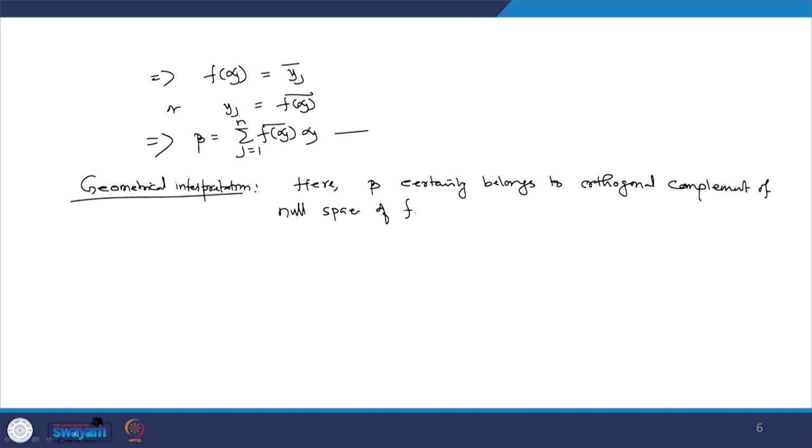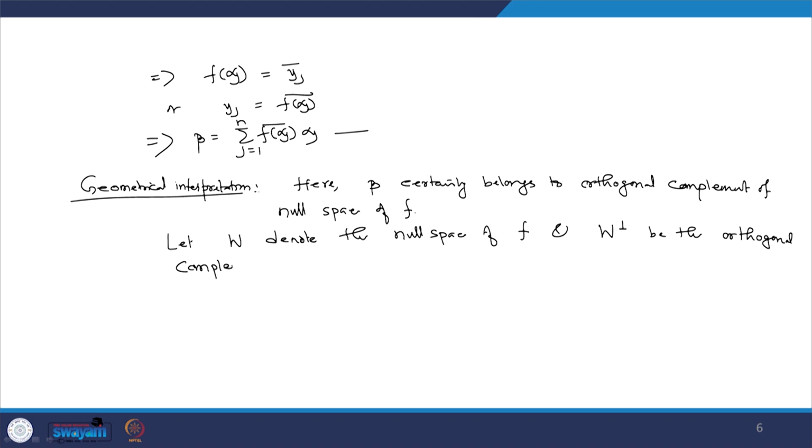What is the meaning of that? Let W denote the null space of F and W complement the orthogonal complement of W. I mean to say, any element alpha belonging to W and beta belonging to W complement have to be orthogonal to each other.